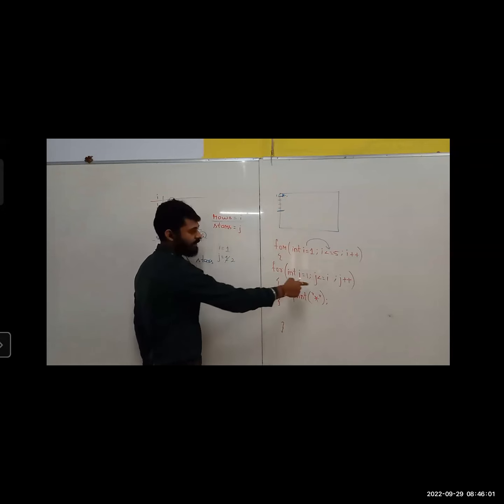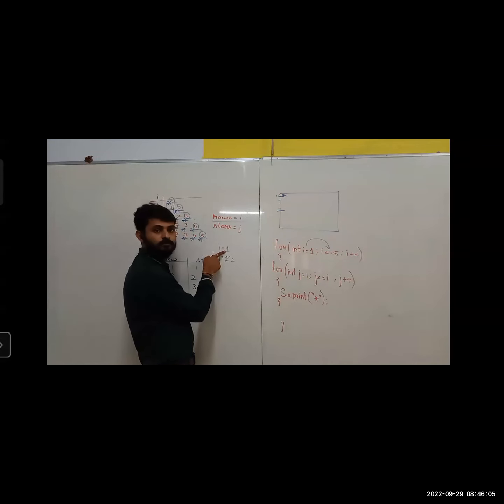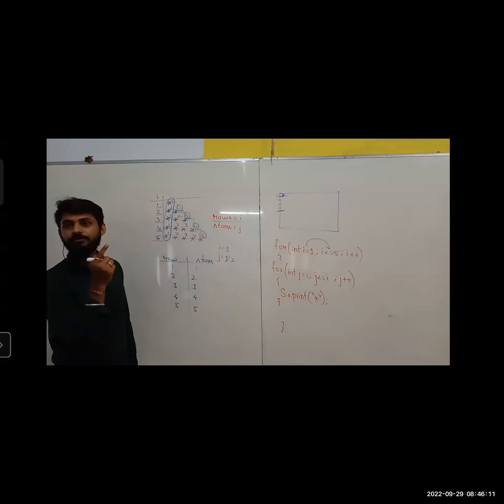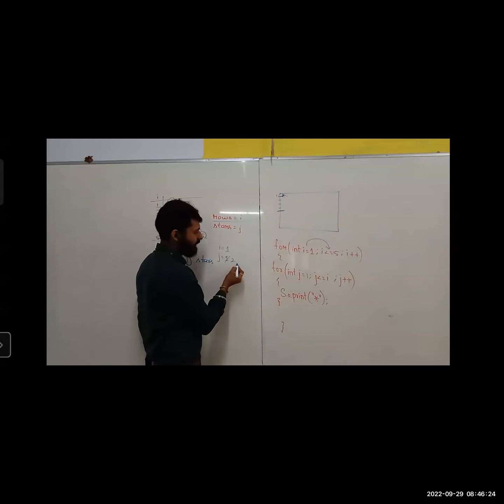2, is it less than or equal to I? What is the I value? That is nothing but, whatever the concept I have explained, that is the row number. If I value is 1, which means first row. If I value is 2, which means second row. Your compiler will not work like that, but you should think like that for your understanding purpose. So next, 2, is it less than or equal to 1?